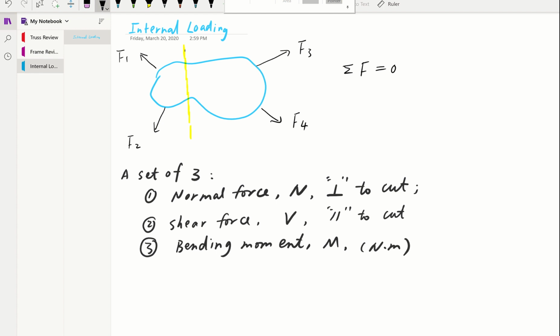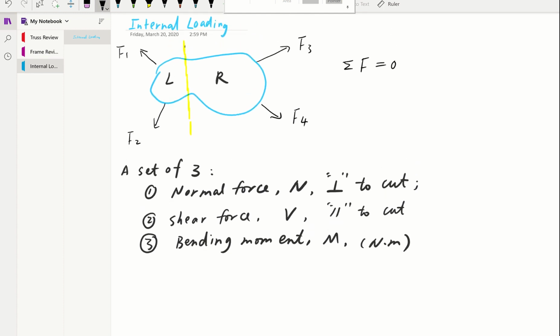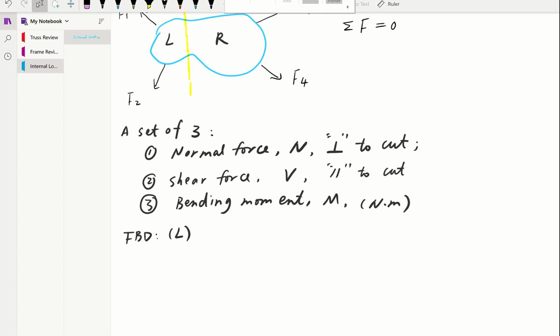So imagine you made a cut at this yellow line here, and you have a left section and a right section. If we were looking at the FBD of the left section, then what do we have? We will have exactly this part.